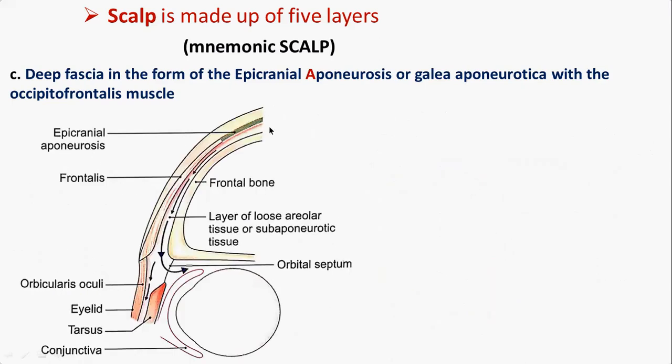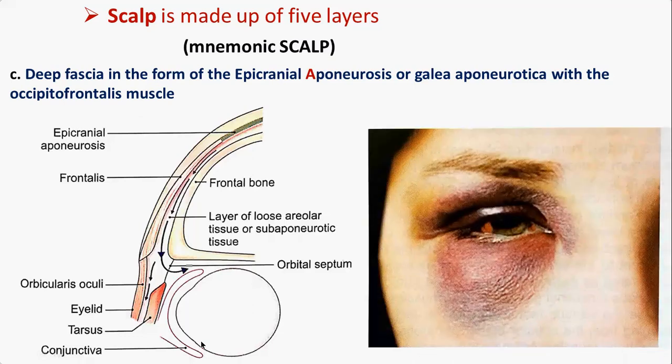So here, one of the important points about the epicranial aponeurosis layer is that the frontal belly does not have any bony attachment. So any fluid present below the epicranial aponeurosis tends to come forward around the eye, and it will produce a condition called black eye.